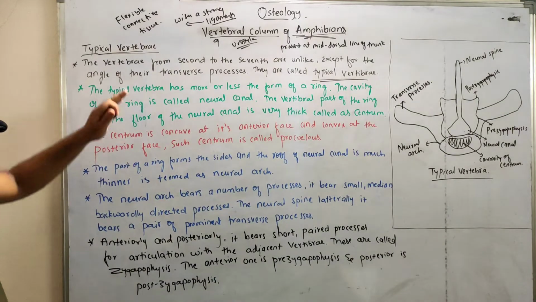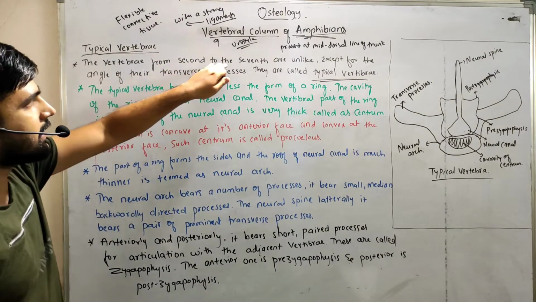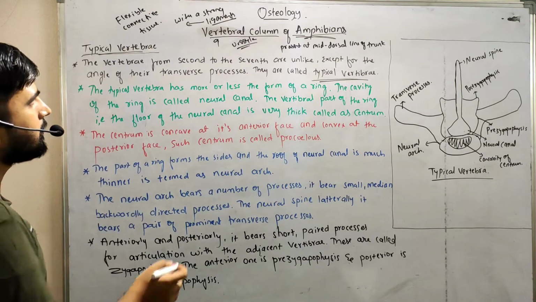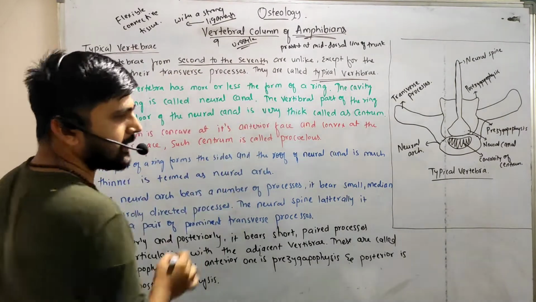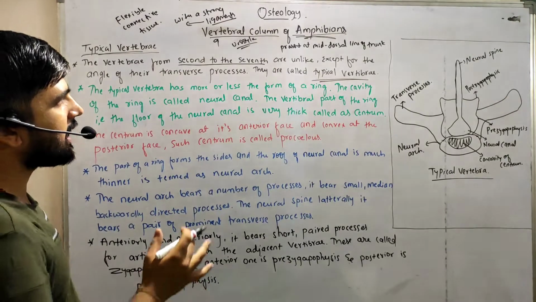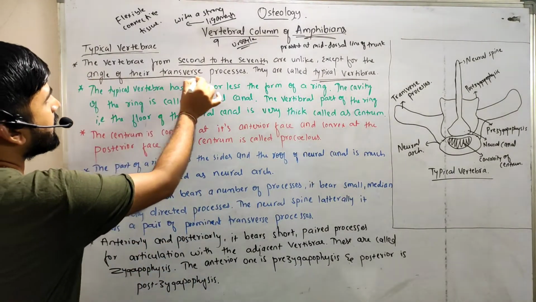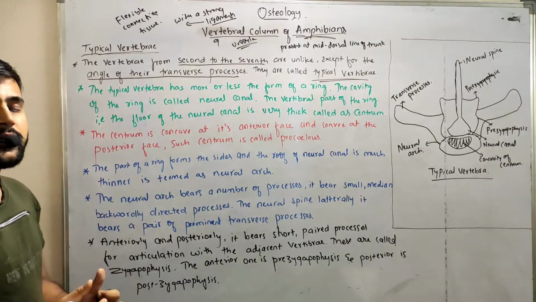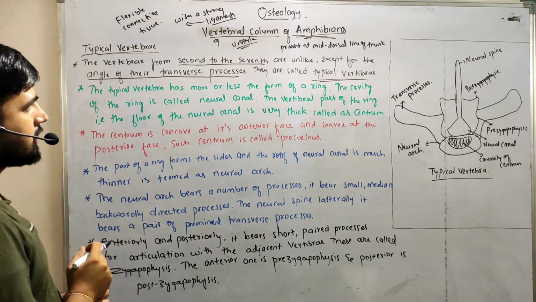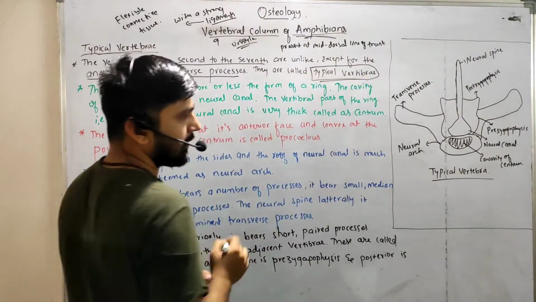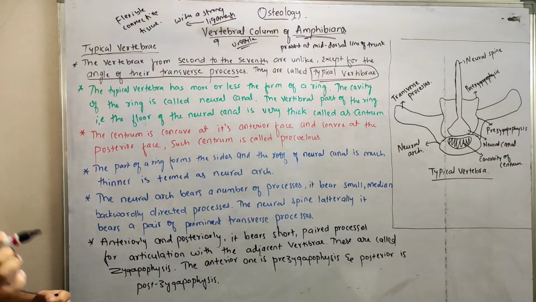The bones from the 2nd to the 7th in the vertebral column are alike, except that they have different angles of the transverse process. Those vertebrae are called the typical vertebrae.